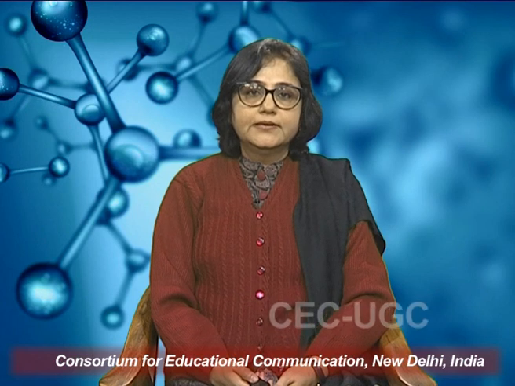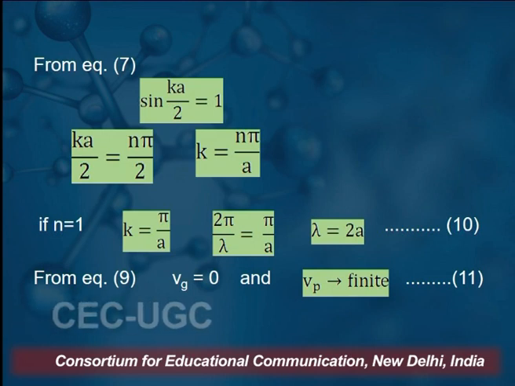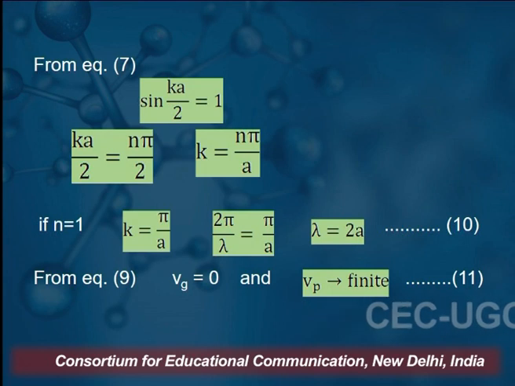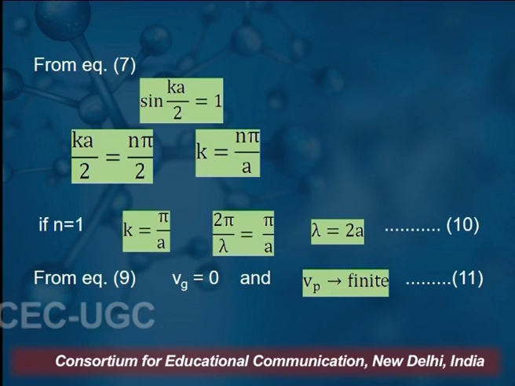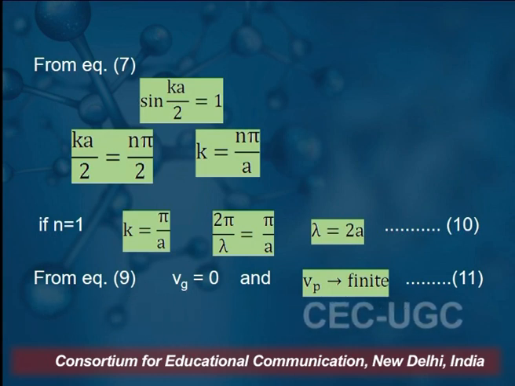This means Ka by 2 can have values only equal to n pi by 2, or K can have values of n pi by a. If n equal to 1, then K will be equal to pi by a, and K is 2 pi by lambda. This means that lambda equal to 2 pi by a.